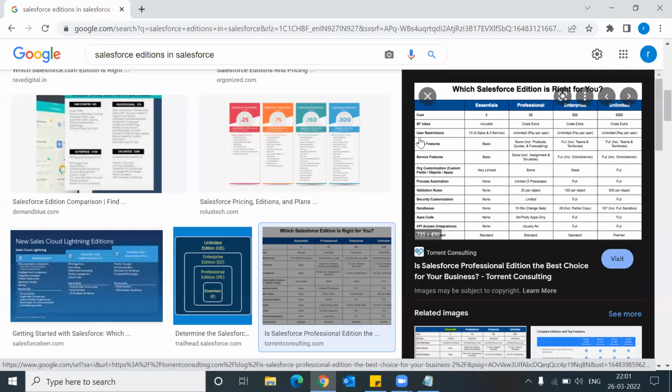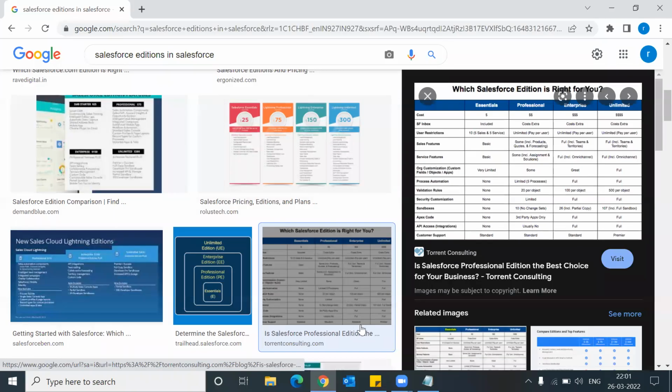If the client wants, here you can see the price. Here it is 120, 150. I'm telling you, before when I entered Salesforce, the Group edition price was $5. This one was 25. So here it is 150. Maybe the price decreases or increases, so no need to think about the price.